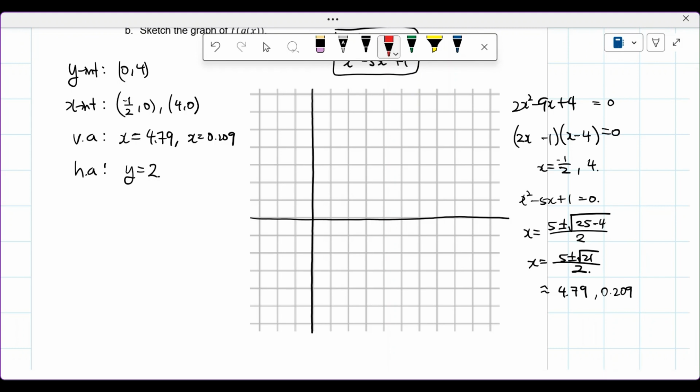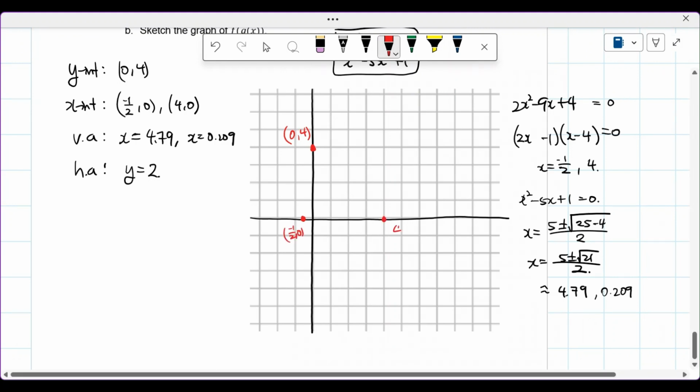So let's draw the key features. The first thing is the y-intercept, 0, 4, labeled. X-intercept, 1 over 2, 0, labeled. And 4, 0, labeled.